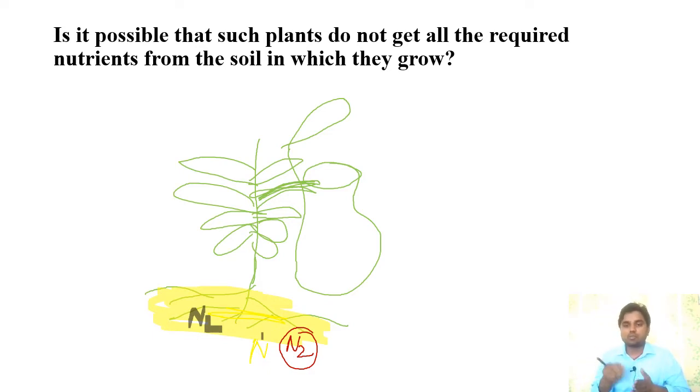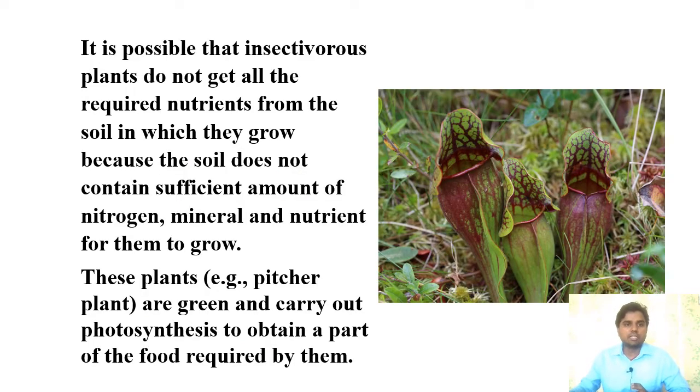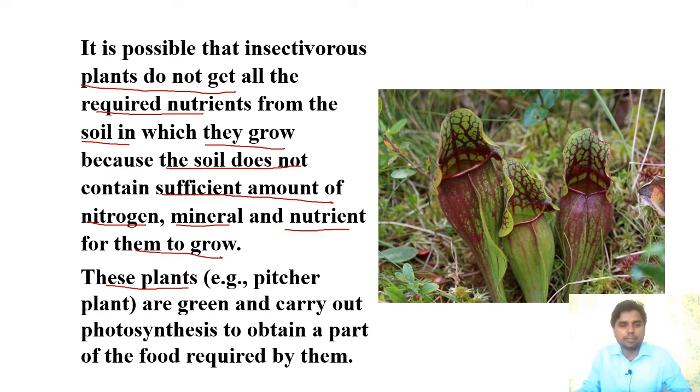So yes, it is possible that insectivorous plants do not get all the required nutrients from the soil in which they grow, because the soil does not contain a sufficient amount of nitrogen and minerals for them to grow.